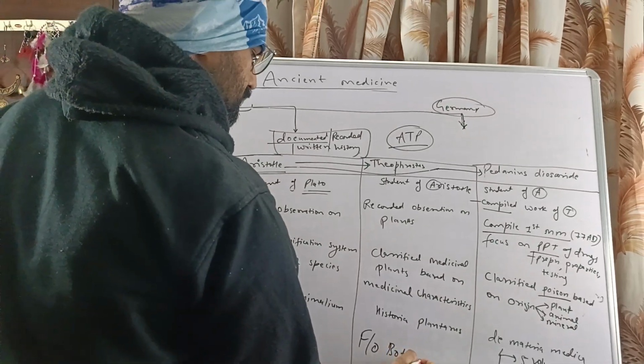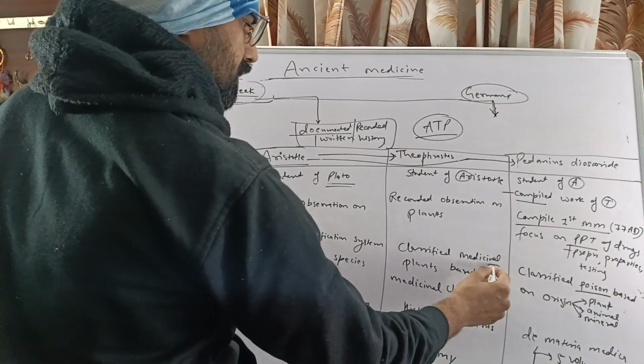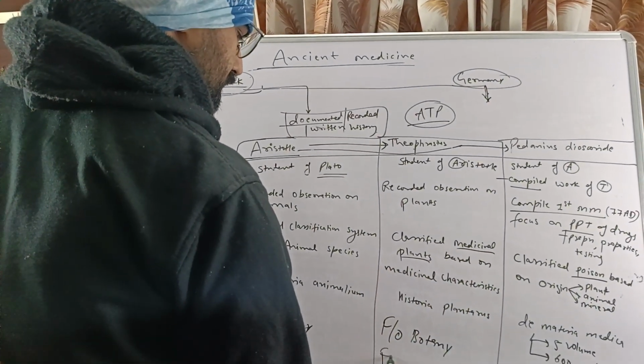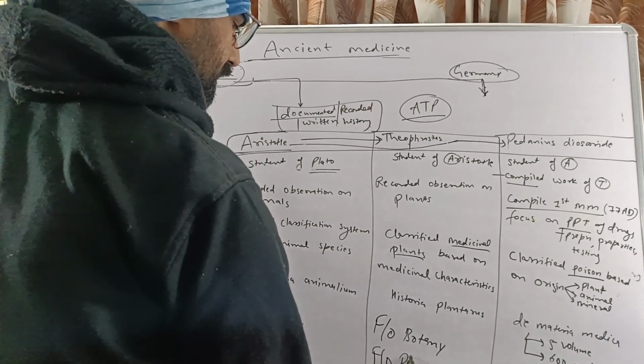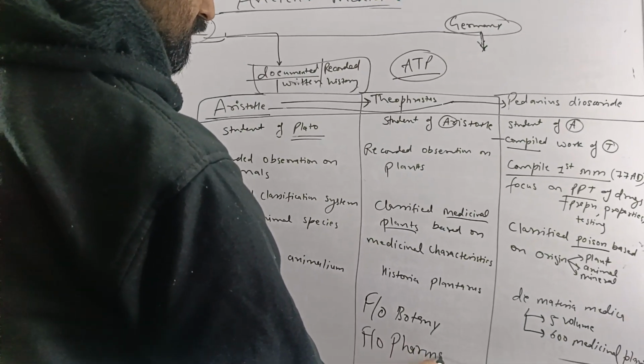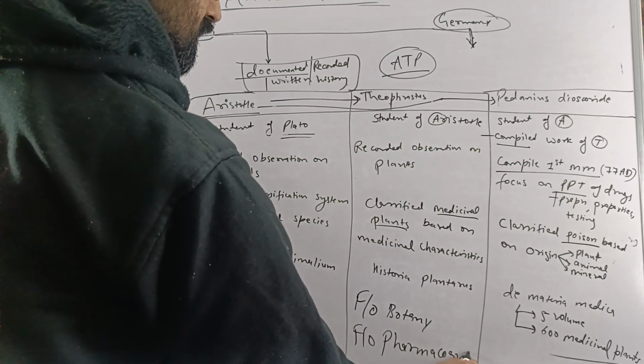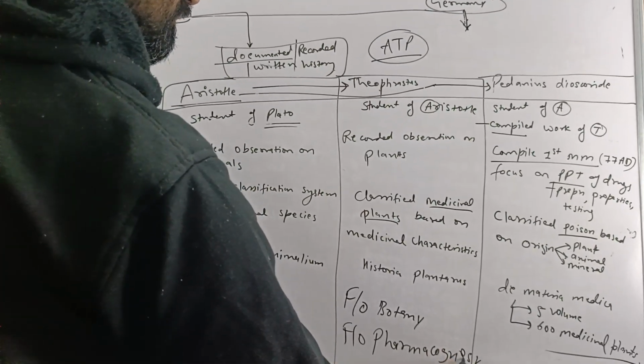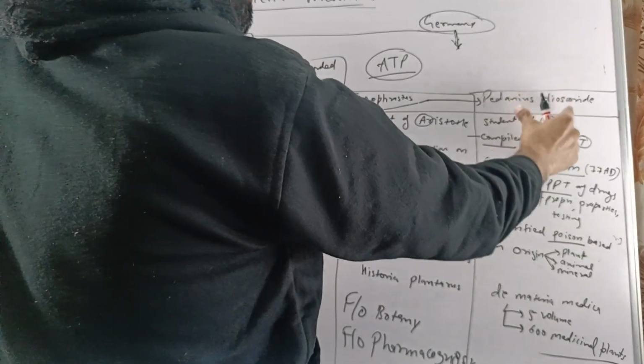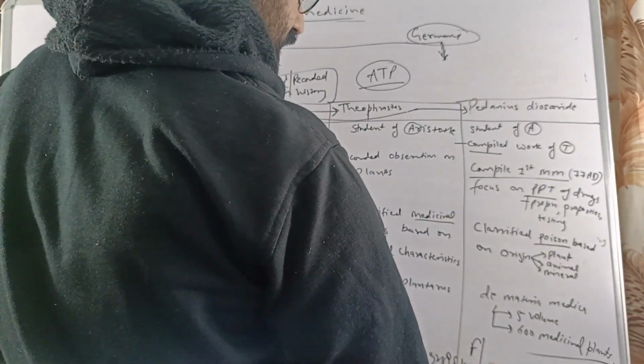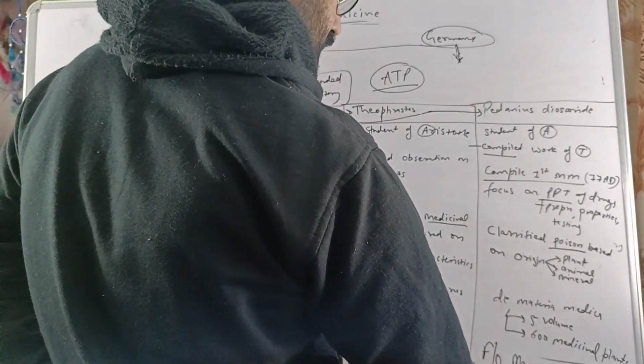He also worked on medicinal plants, so he is also known as the father of pharmacognosy. And Pedanius Dioscorides is known as the father of materia medica.